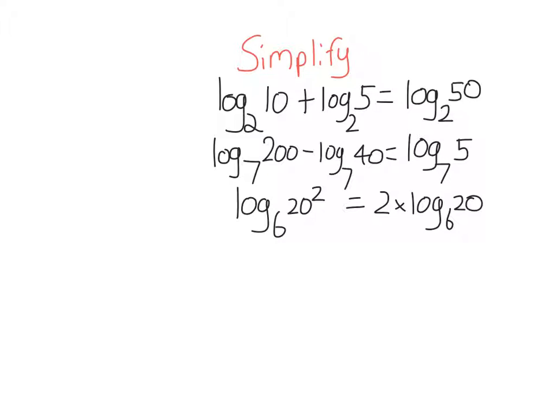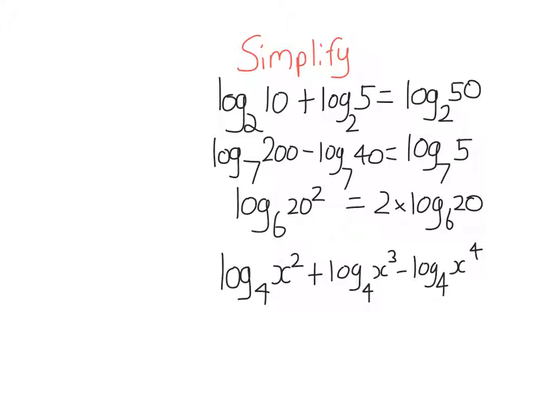So let's look at a few slightly more complicated examples. So let's say I wanted to simplify this expression here. So first I'm going to use the power rule. So I'm going to move the second powers all to the front. So I have 3 moves to the front this time, and I keep the same base and power.